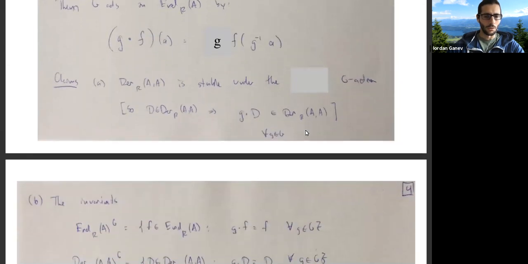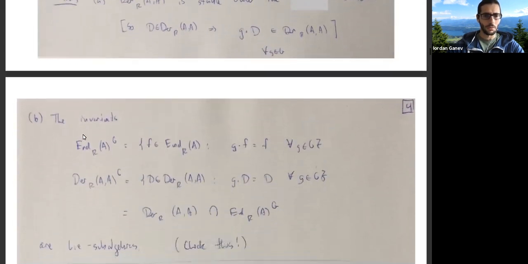So we saw all those examples. An endomorphism that is invariant under the group action is equivariant as an endomorphism. And the space of those forms a Lie subalgebra, and similarly for derivations.